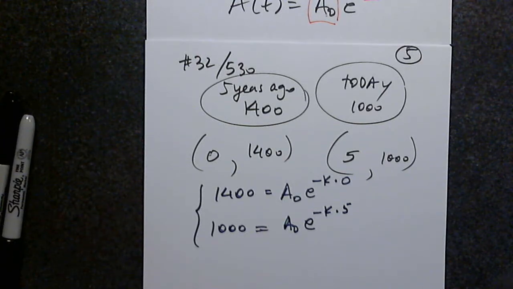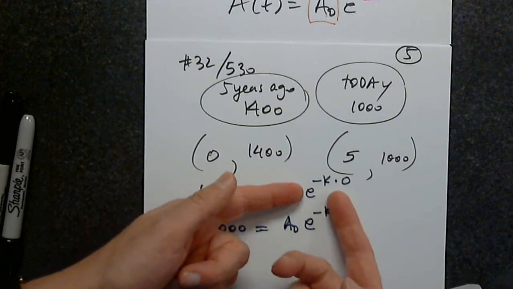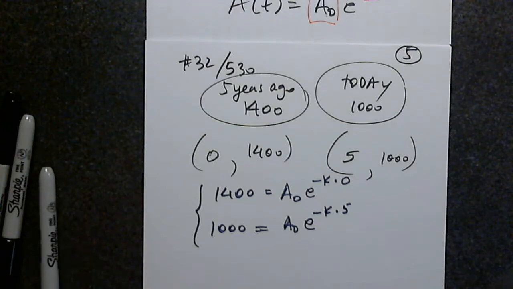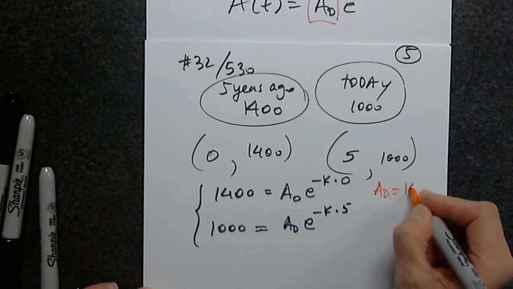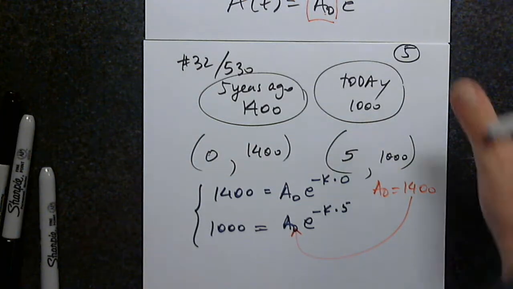That's what the points are telling us: when time is 5, A of 5 is 1,000, and when time is 0, A of 0 is 1,400. That's exactly what we put in. The first one is very clear because negative k times 0 is 0 and e to the 0 is 1. We knew this, but we are just practicing. So this goes into the second equation.